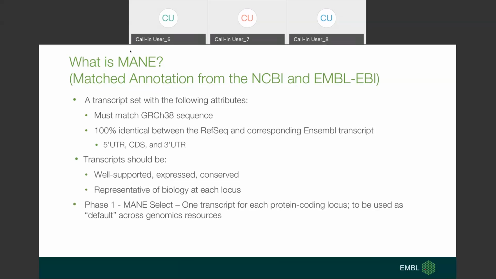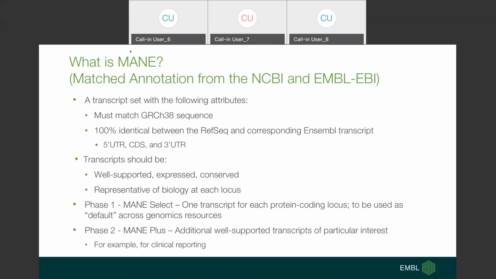Now, we are doing this project in two phases. We are currently in phase 1. This is where we are releasing what we're calling the MANE Select set, where we have one transcript for each protein coding gene. And the goal here is that this one be used as the default in all the browsers and all the resources. But we're also doing a second phase, and that one we're calling MANE Plus.